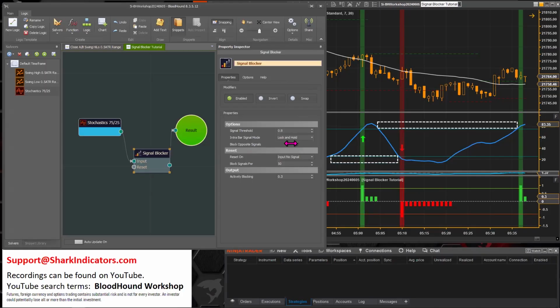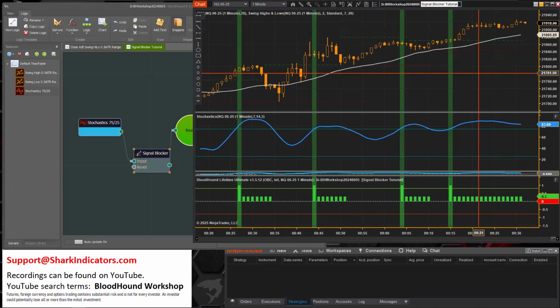So it does 2 functions. When that signal comes in intra-bar, let's see where we're at here.